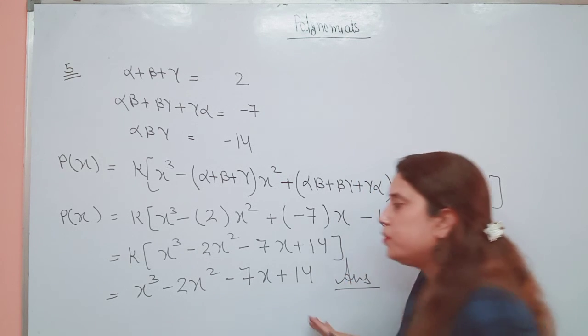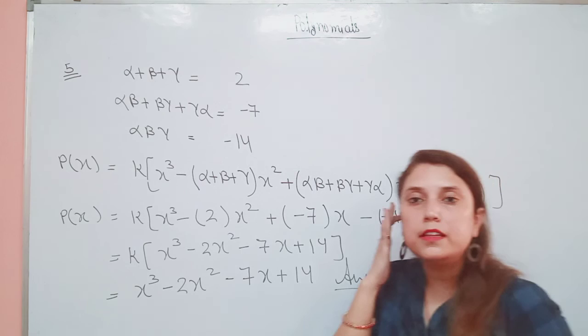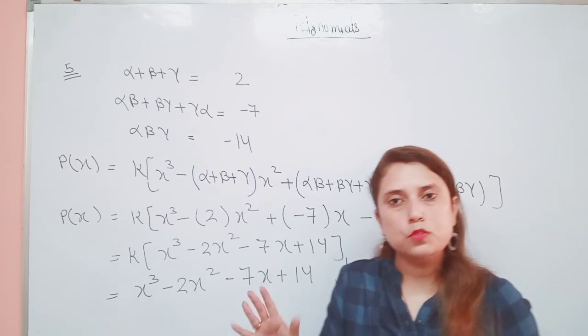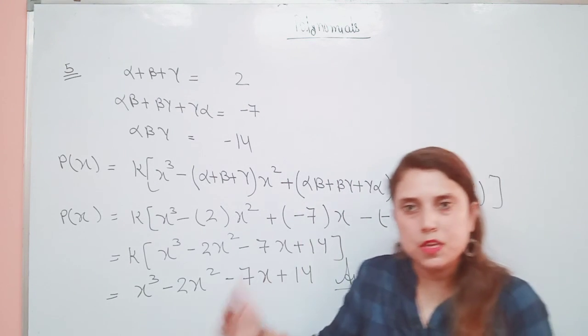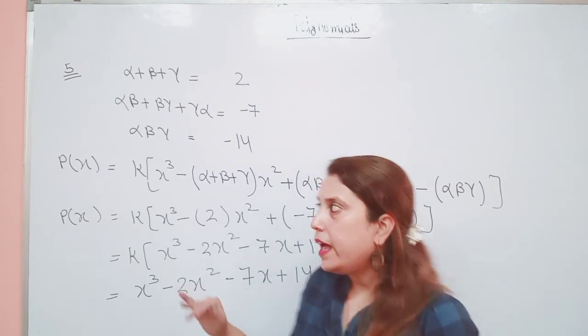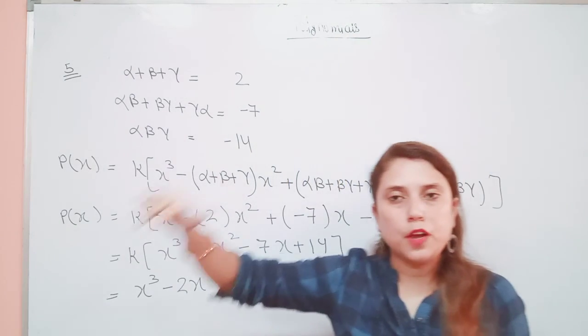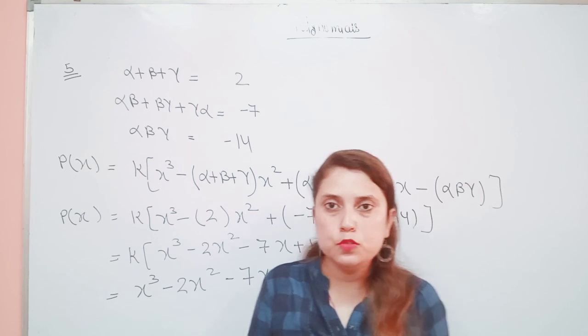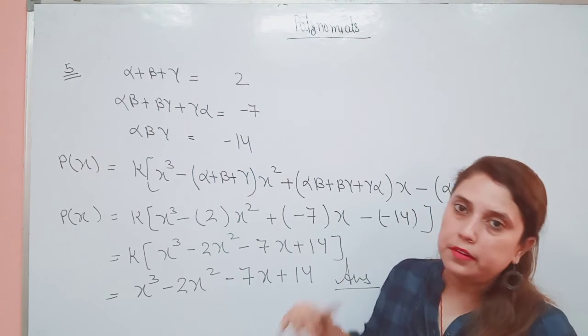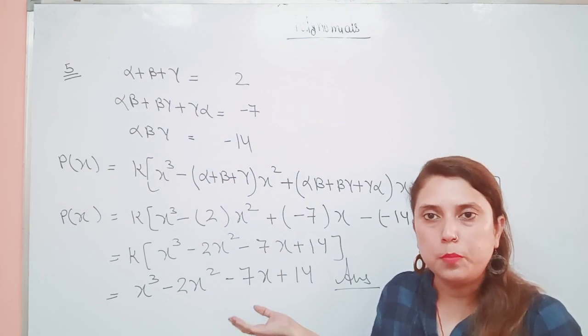So what we learned today: how to find the zeros, then how to find the relationship between zeros and coefficients, and if the sum of zeros and product of zeros are given, then how to find the quadratic polynomial and cubic polynomial.